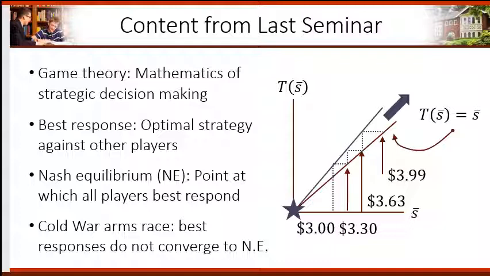And the other player is also computing a best response. Player B is also responding to player A, so if he sees player A invest $3,300,000, then he invests 10% more.